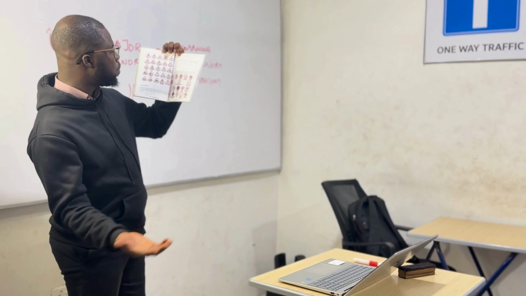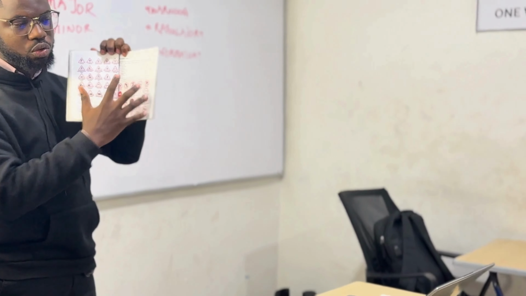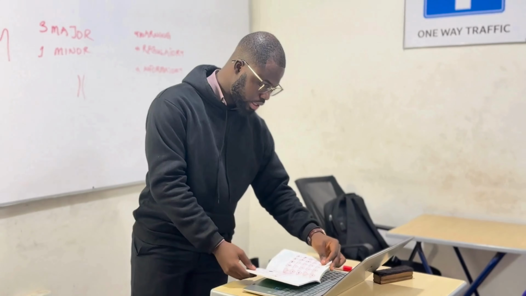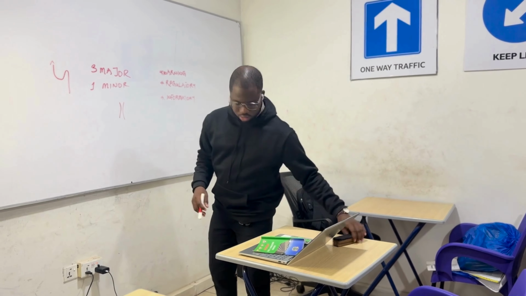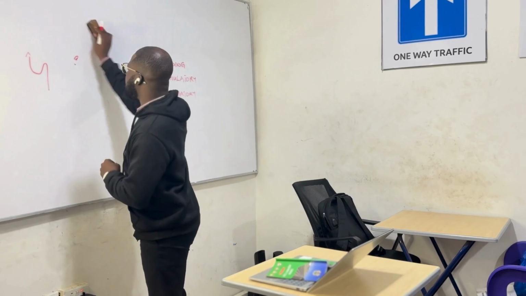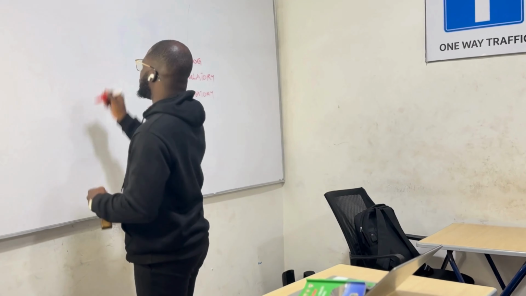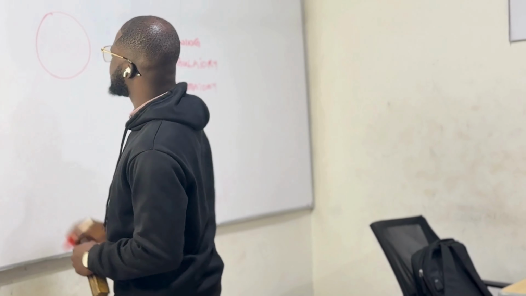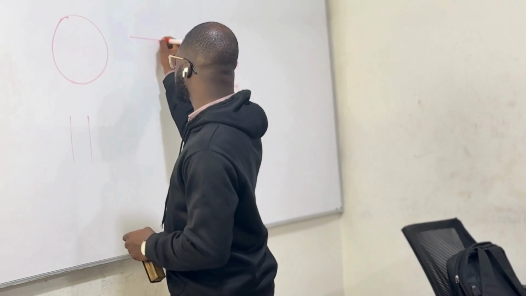And then we have roundabouts. Do we know how to go around the roundabout? Okay, so let me just demonstrate that here. Now, supposing, okay, let's use this as a roundabout.